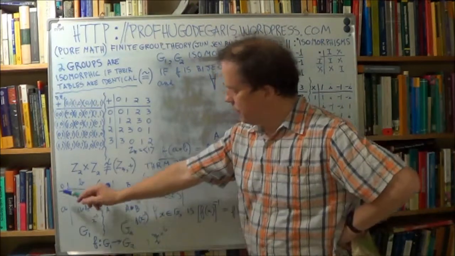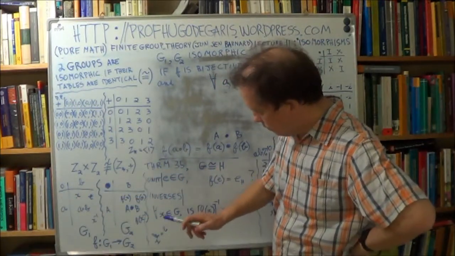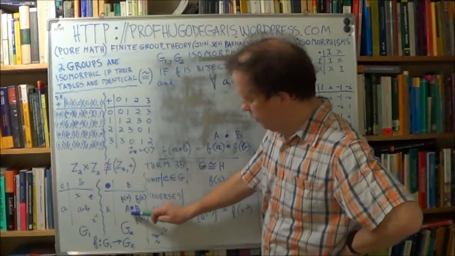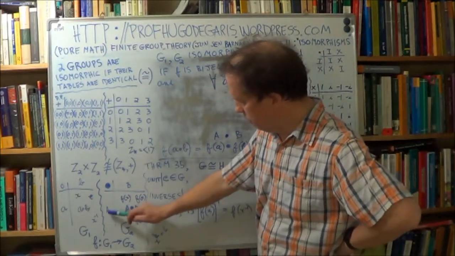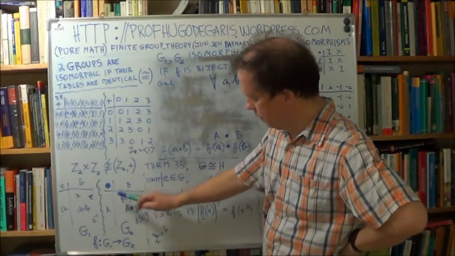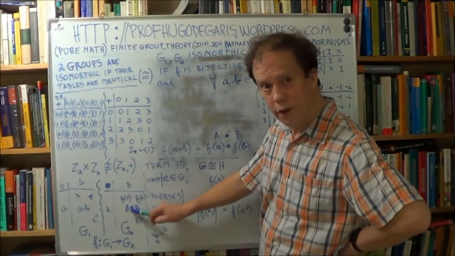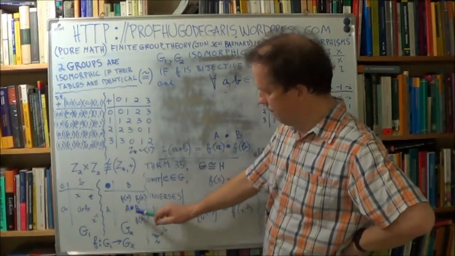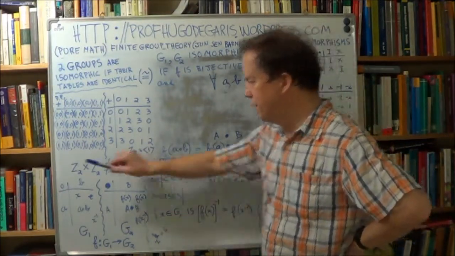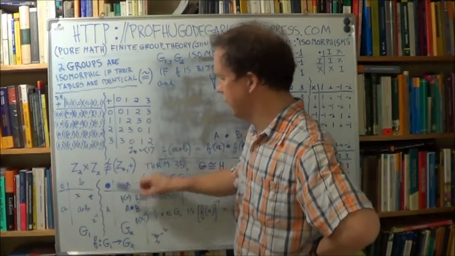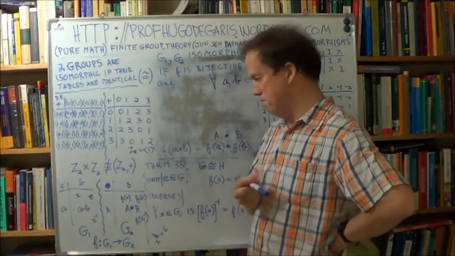So what you'll have here in the group table of G2, the second group, will be big A, this second binary operator, big B.